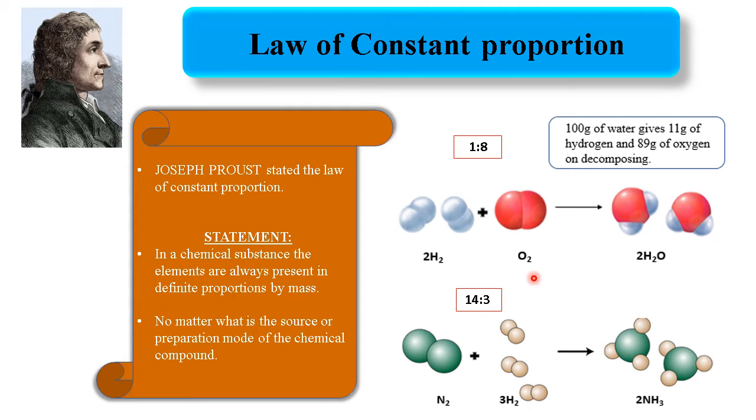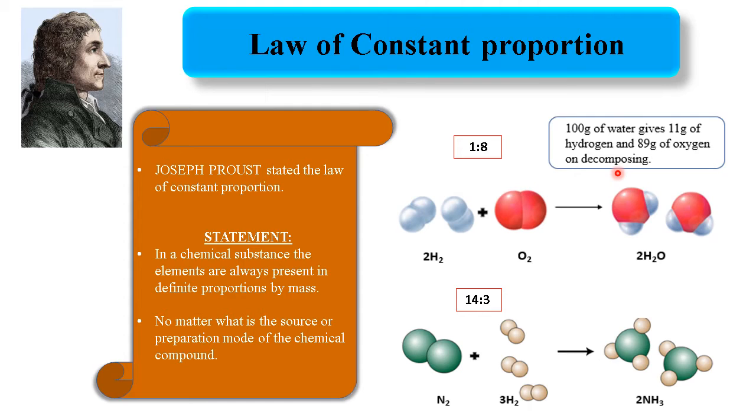We know that water is a compound. If we decompose 100 gram of pure water by passing electricity through it, then 11 gram of hydrogen and 89 gram of oxygen are obtained. Now, if we repeat this experiment by taking pure water from different sources like river, sea, well, etc., the same masses of hydrogen and oxygen are obtained in every case.